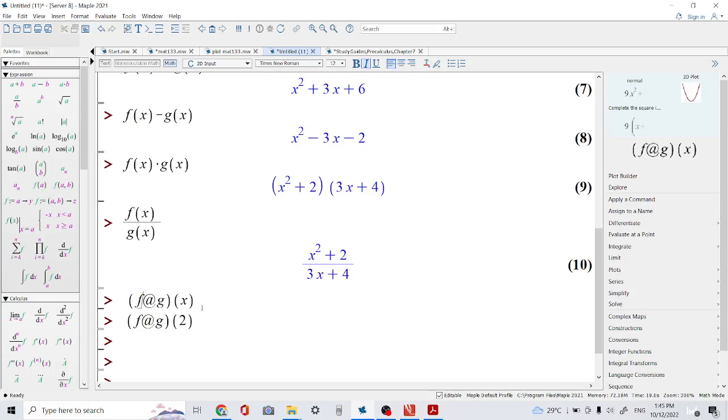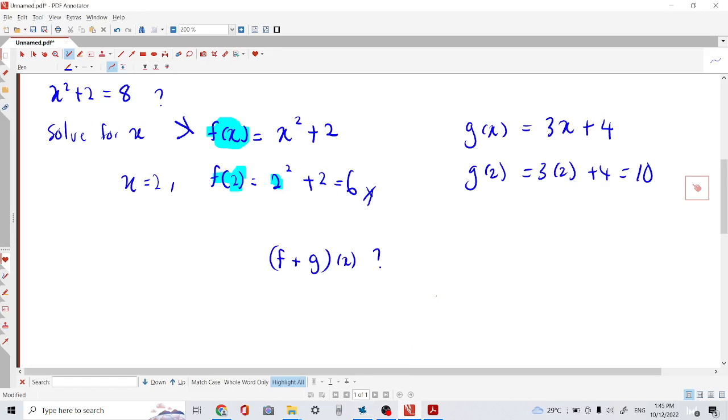Alright, if we want to have a composition, we just use this one. What is composition of function? If you remember, composition of function, if we have f composite with g, we should have g substituted into f, so f(g(x)) like this.